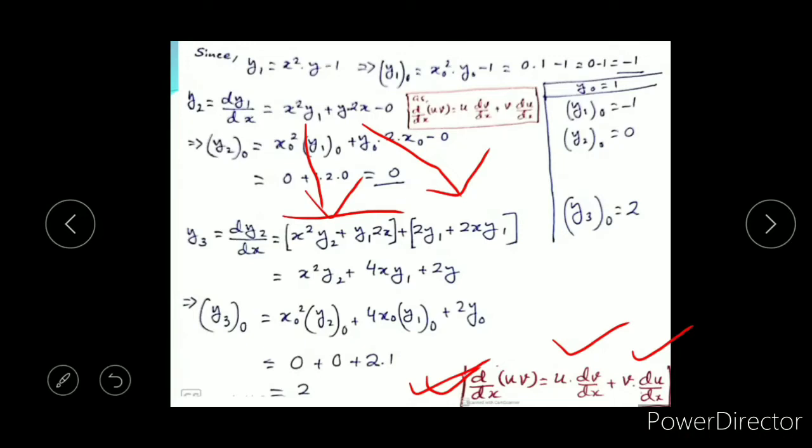So 2x into the derivation of y is 2x y1. I hope you can understand it.